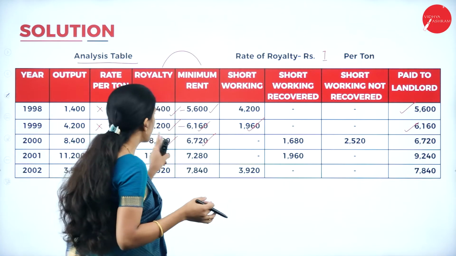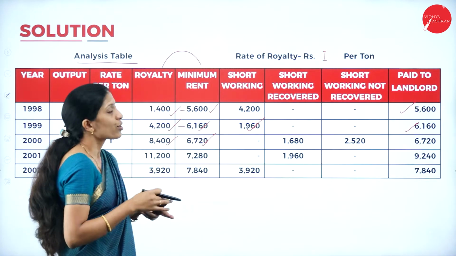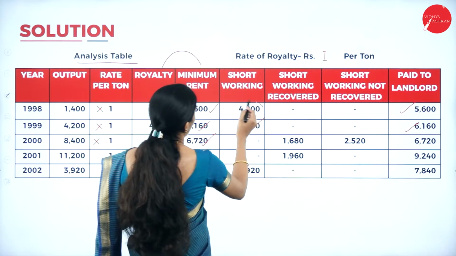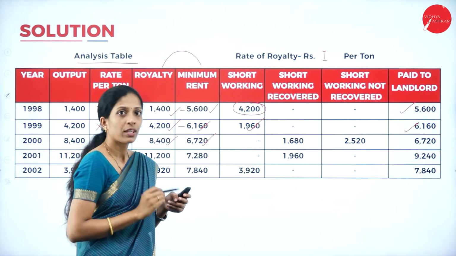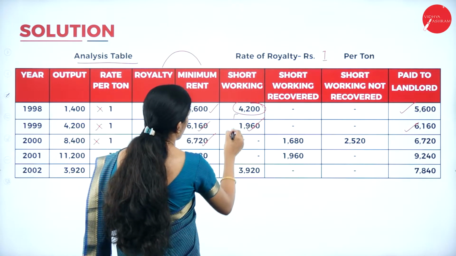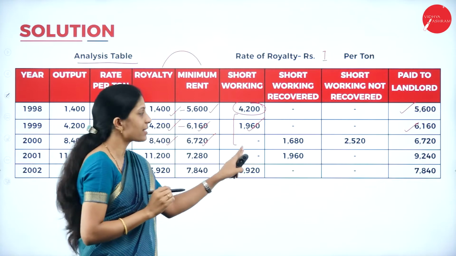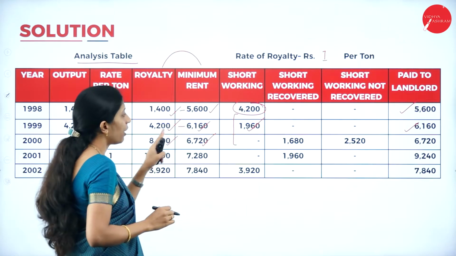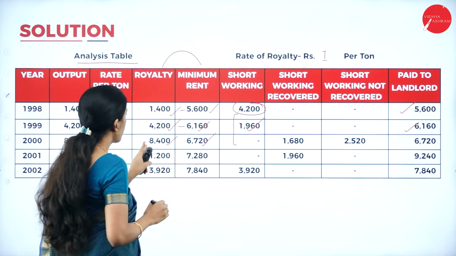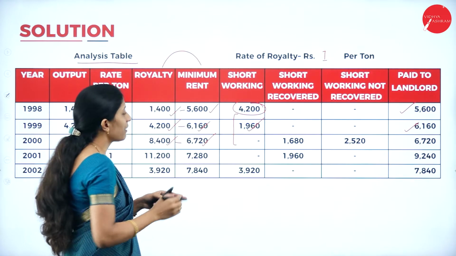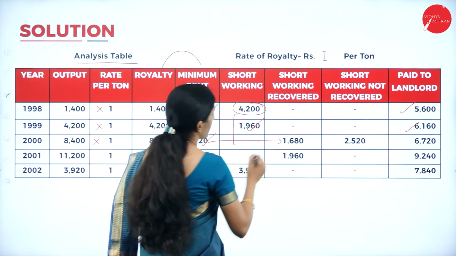How much short workings can we recover here? We had a short workings of 4,200, which has to be recovered in the next 2 years. But we have an excess of how much? 1,680. That is 8,400 minus 6,720.